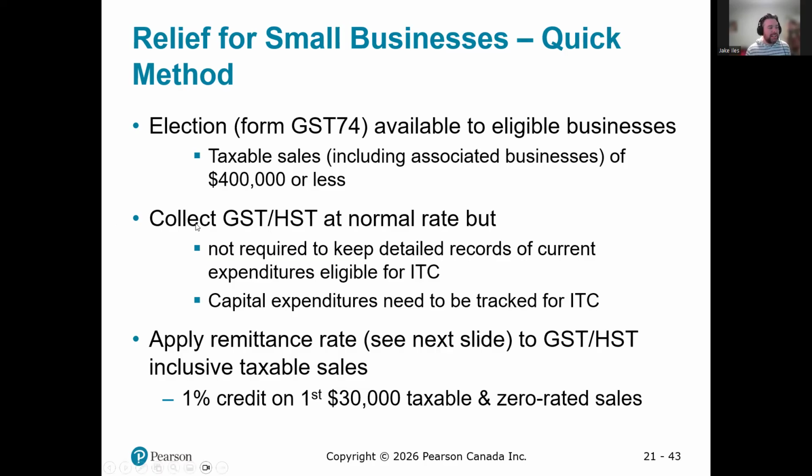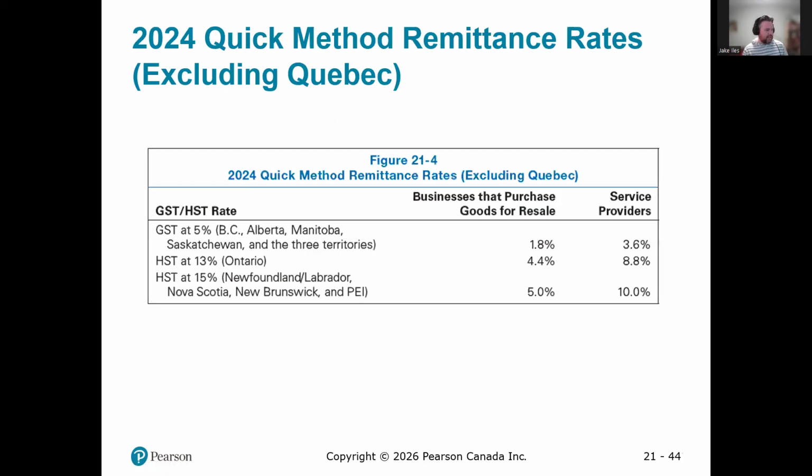You will still collect the GST, HST at the normal rate. What the quick method does is allow you to assume your ITCs, and it assumes these ITCs based on an assumed gross margin for the type of business you own. I think the next slide goes into the charts.